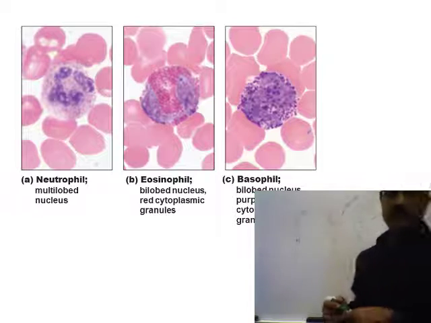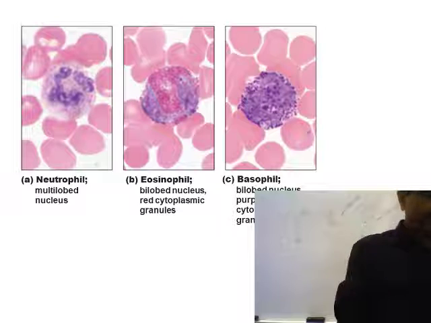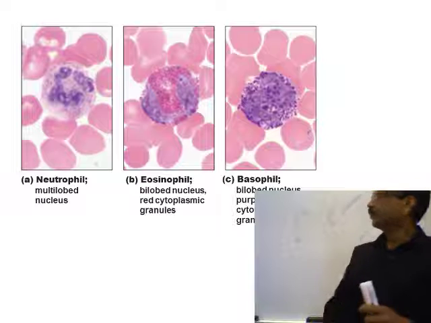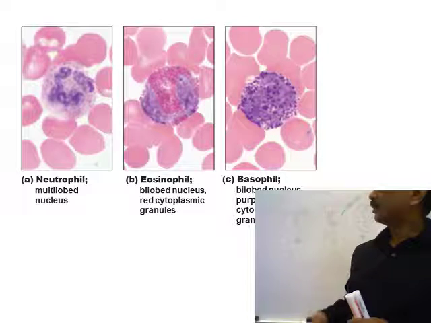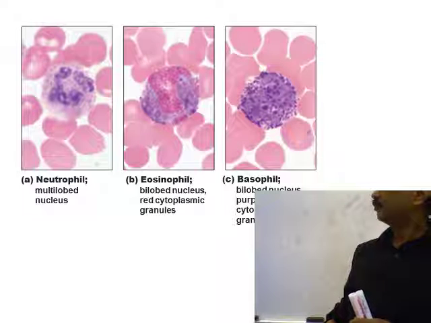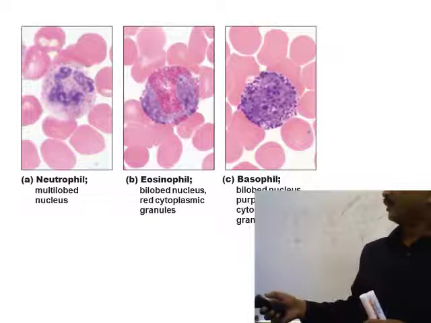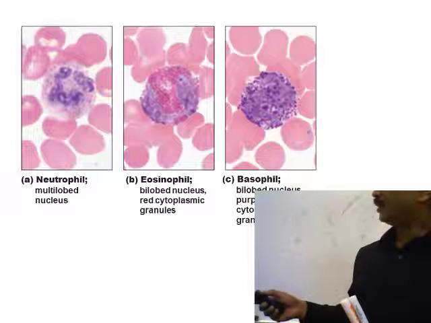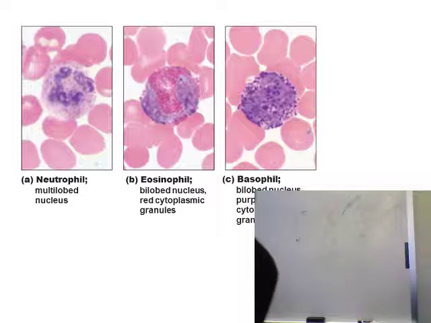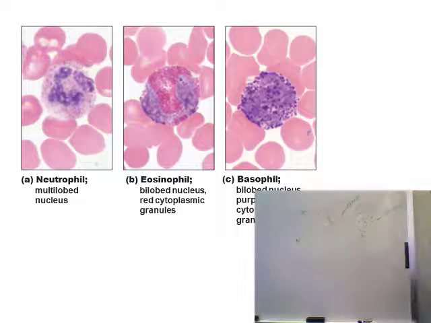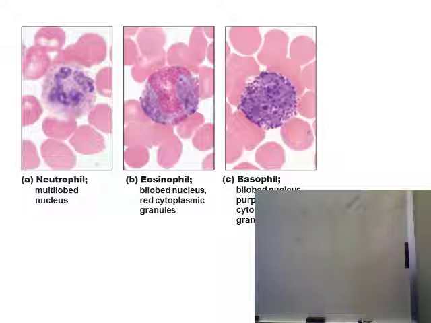Okay, those are the granulocytes. Now, let's see here. You see, the first one is a neutrophil. You have to be very careful when you look. You see the granules are not deeply stained, but multiple lobes in the nucleus.